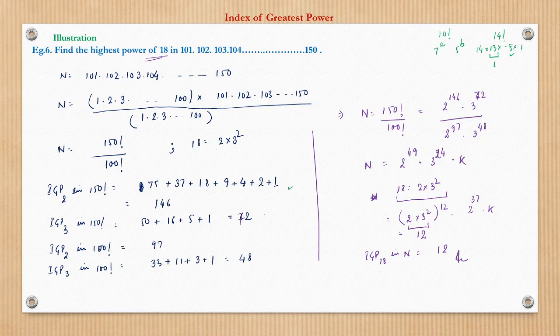But since we had to show it from the very basic, we took the examples, the possible cases. So as a conclusion, we can say the larger the prime number, the lower will be its IGP in any n factorial.